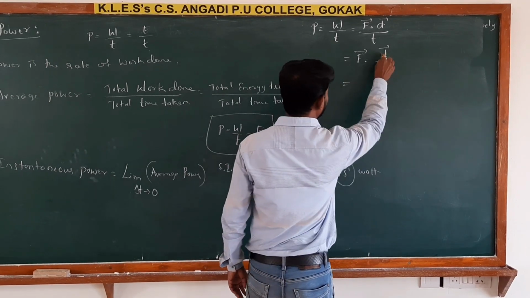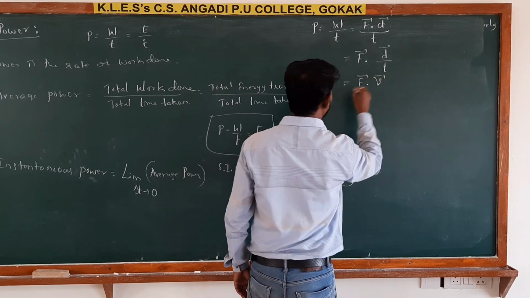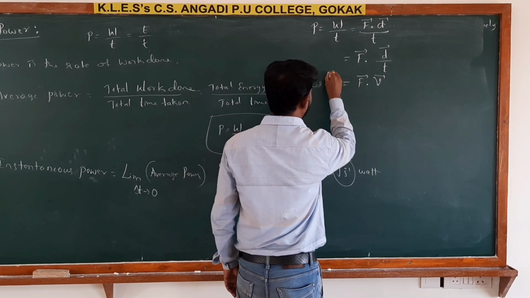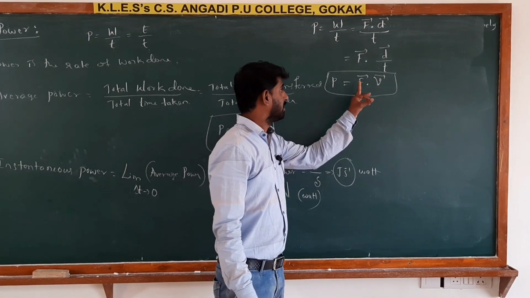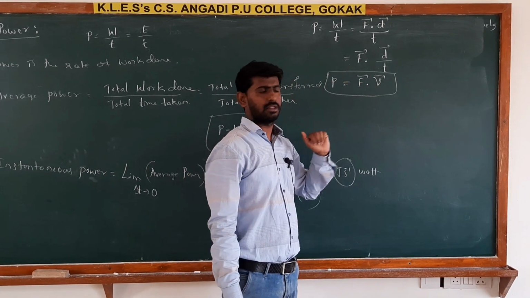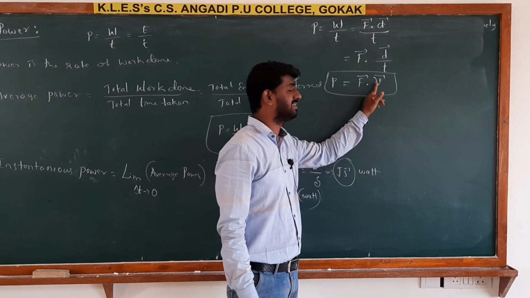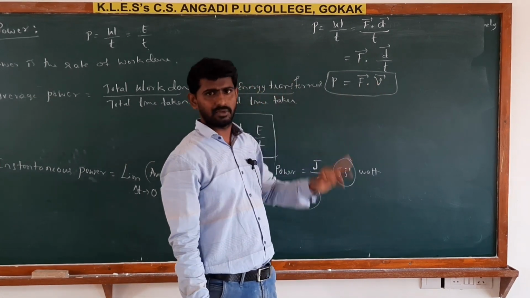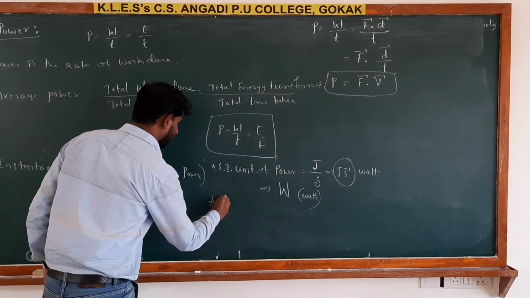Displacement divided by time is velocity, so P is equal to the dot product of force and velocity. Force and velocity are vector quantities, and under the dot operation they result in a scalar. That's why power is a scalar quantity.